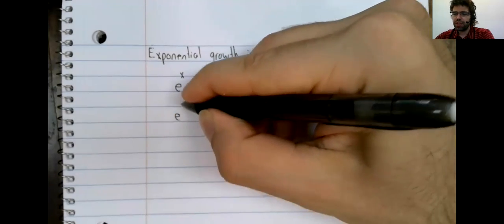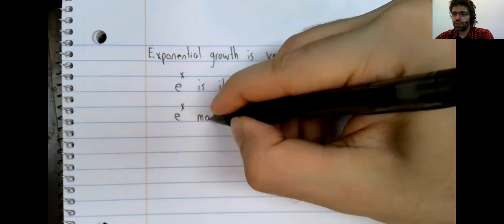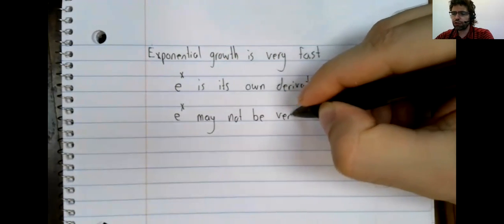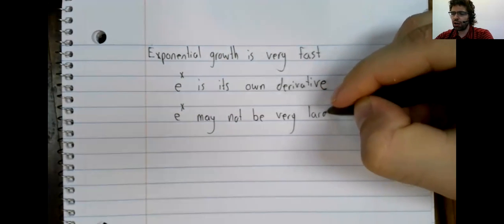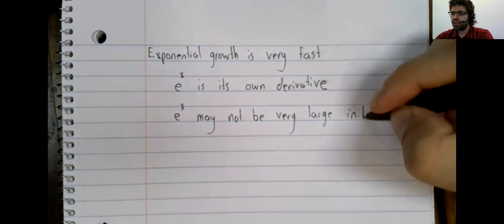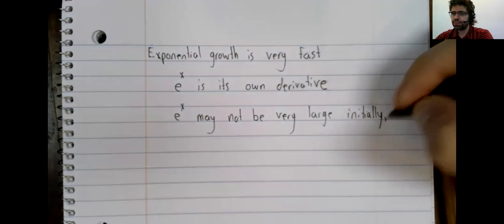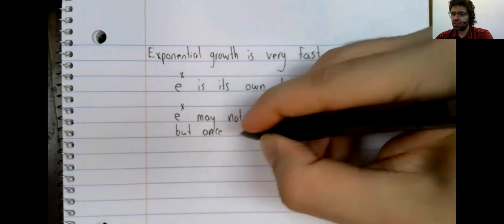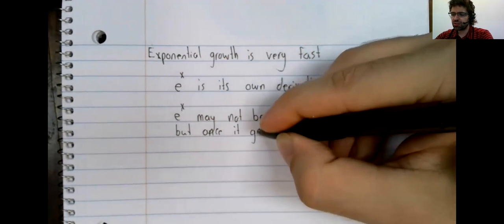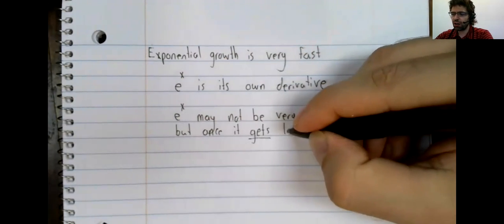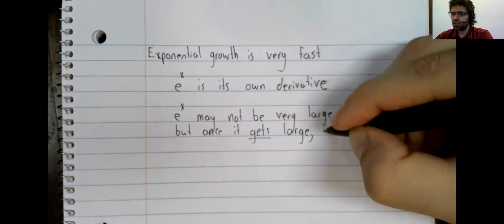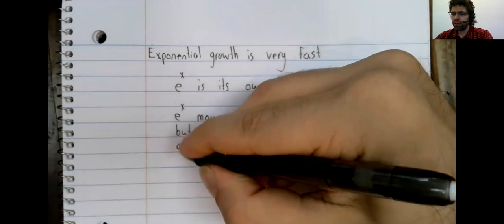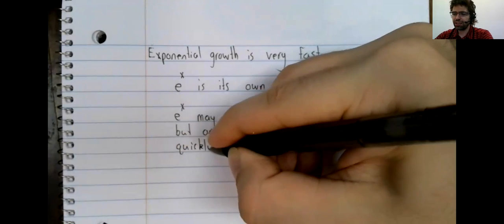So e to the x may not be very large initially, but once it gets large, it grows quickly.